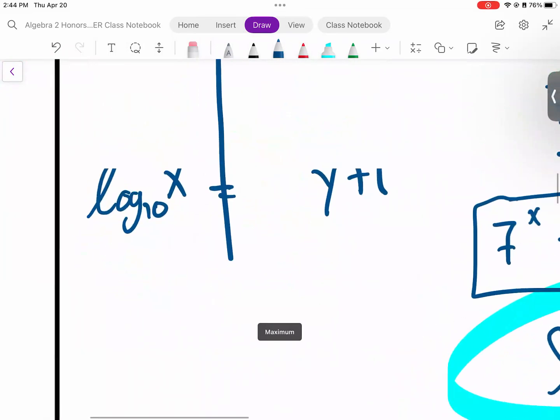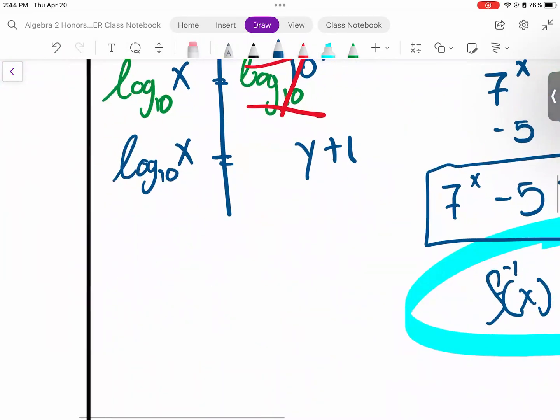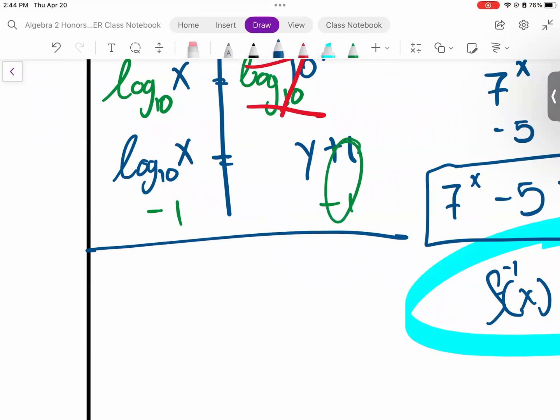Okay, so now that the log is gone, all you got to do is get y by itself, and everybody here can do that. All you got to do is minus 1, minus 1. That becomes a 0, and you're left with y is equal to log base 10 of x minus 1.